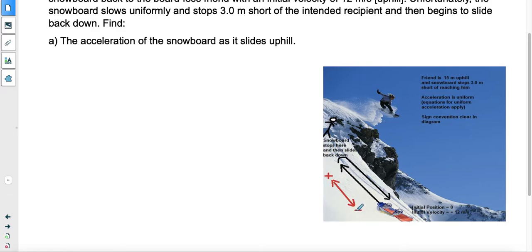So we're going to define the positive direction as being uphill and the negative direction as being downhill. The reason we want to define a positive and negative direction is because we'll need that when we're plugging these values into our motion equation.